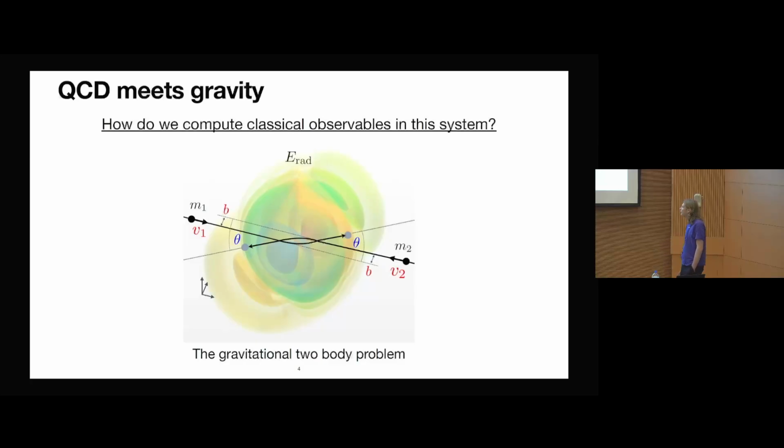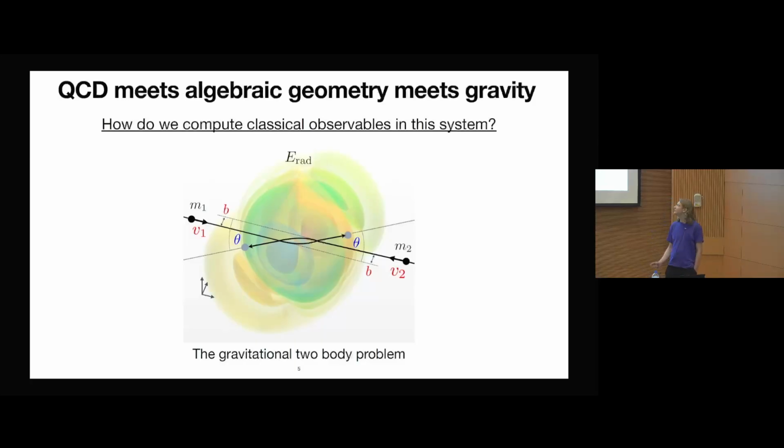But at some point, you notice that QCD methods are not enough, and we need a third field, and this is algebraic geometry. And yeah, today I want to present this work on 5PM and show how these three fields can work together to compute these gravitational observables.